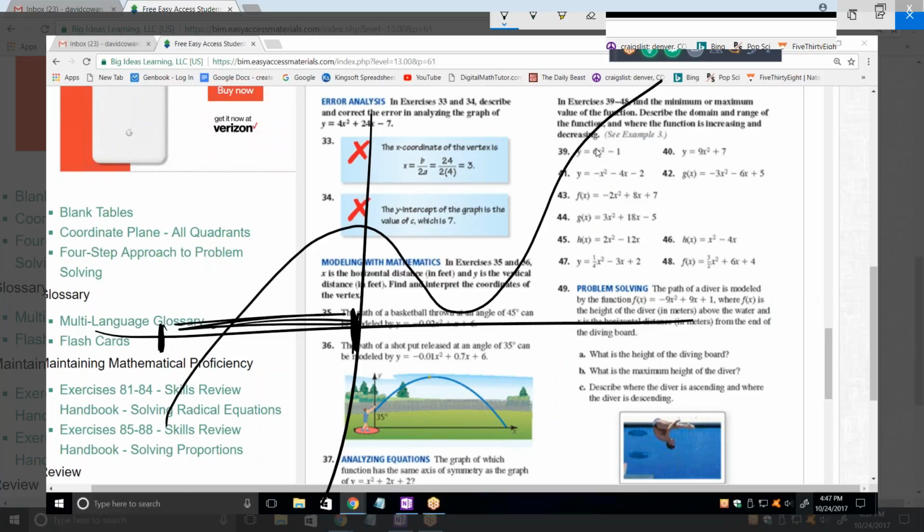It's also increasing from this point all the way out, but it's decreasing on that interval. So that would be increasing, but where it's going down, it's decreasing. And like I said, when you get to calculus, that's an extremely important concept as to where a function is increasing and where it's decreasing.